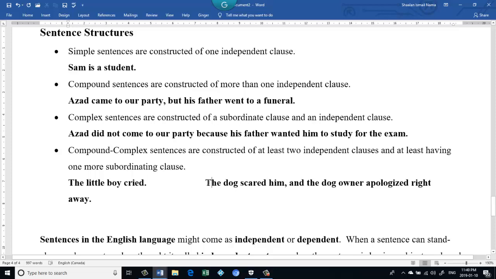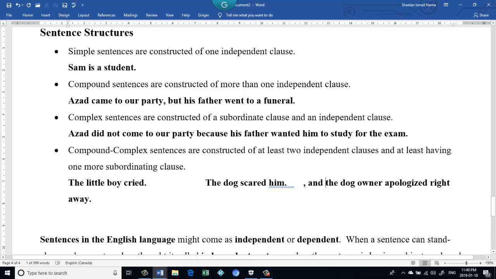If we look to this, the dog scared him. This is also an independent sentence because we have a subject, we have the verb, we have the object. Same thing with the first sentence. The little boy is the subject, then we have cried, which is the verb of the sentence. If you remember, we said sometimes we could have a subject and verb. Sometimes we don't need an object in some sentences.